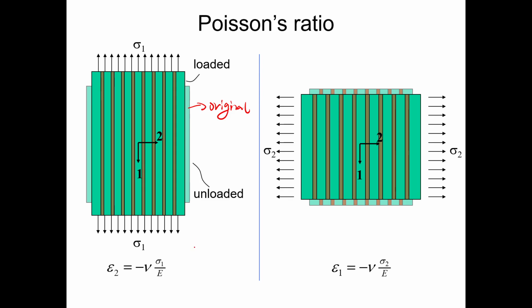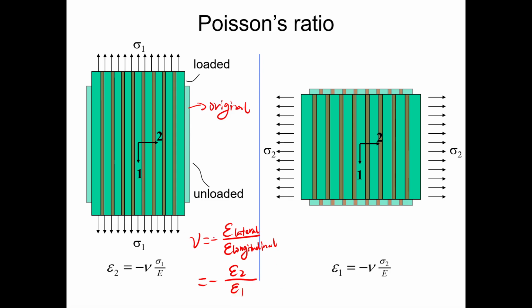The Poisson ratio essentially is the lateral strain, okay? Lateral strain divided by the longitudinal strain. In this case, you can think about lateral strain is epsilon 2 and the longitudinal strain is epsilon 1.